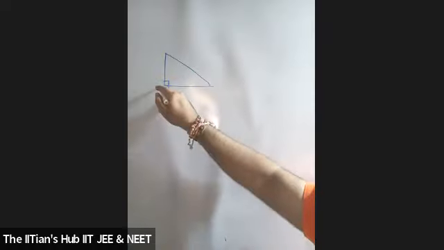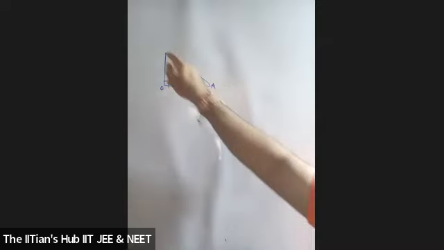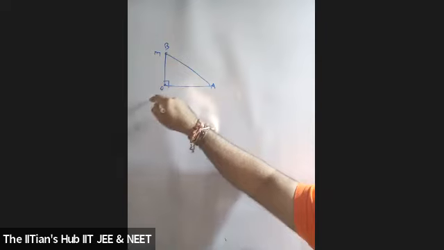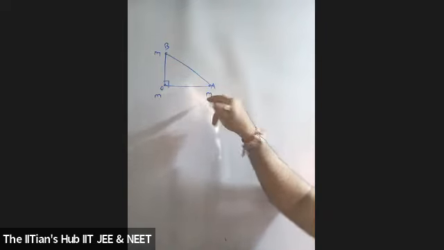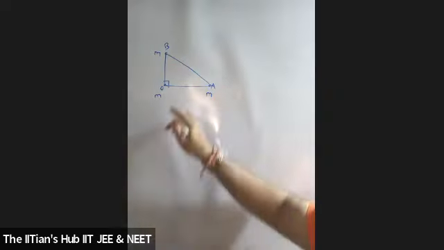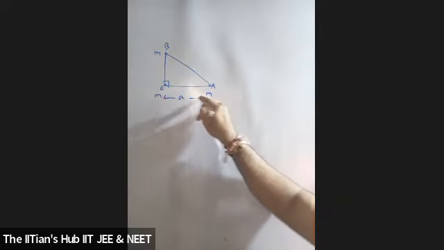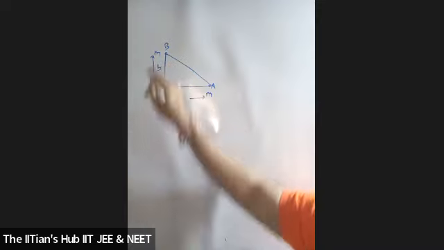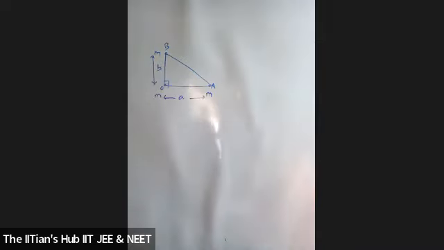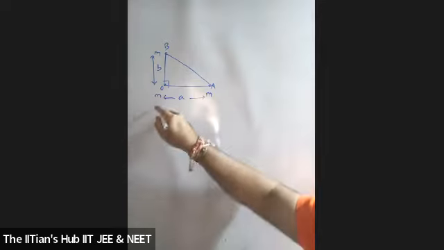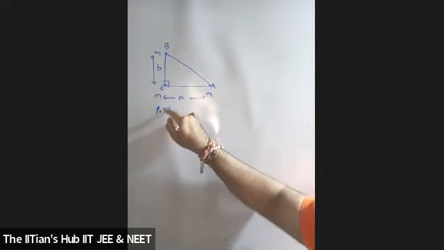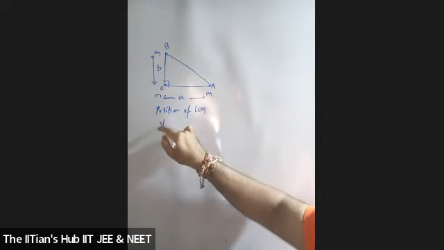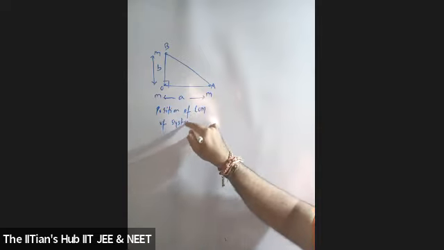Let me take this as O, this is A, and this is B. So there is a particle over here, there's a particle over here, and there's a particle over here. The distance of the perpendicular side is given to you as A, and this perpendicular side is given to you as B. My question to you, students, what is the position of COM of system?